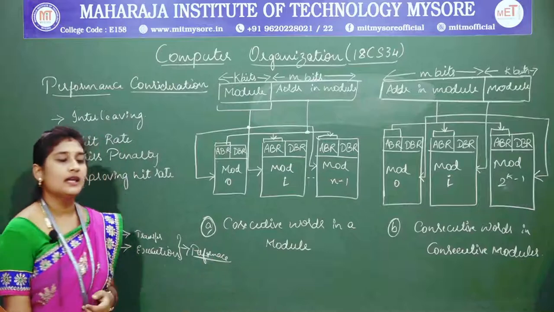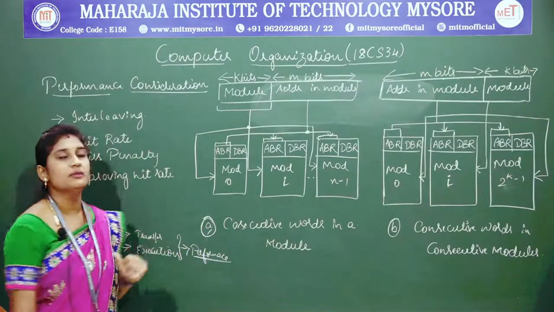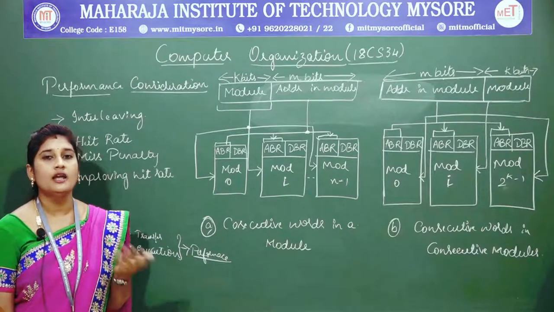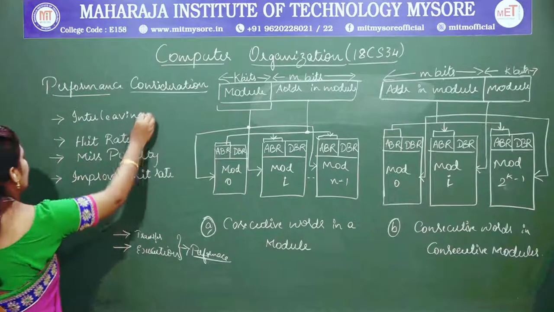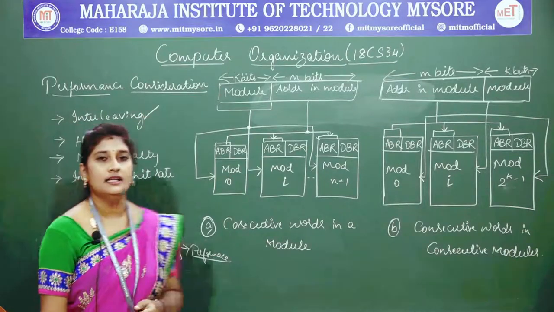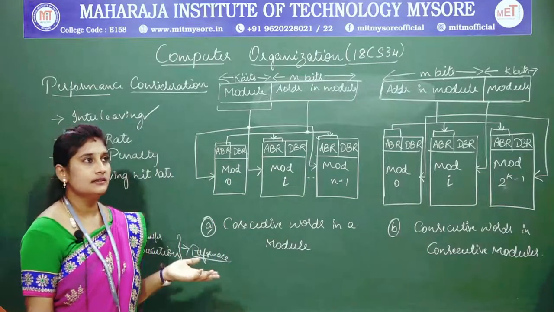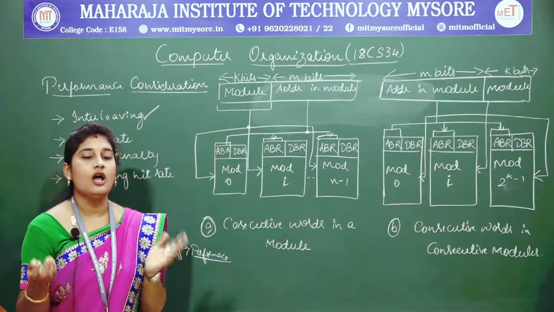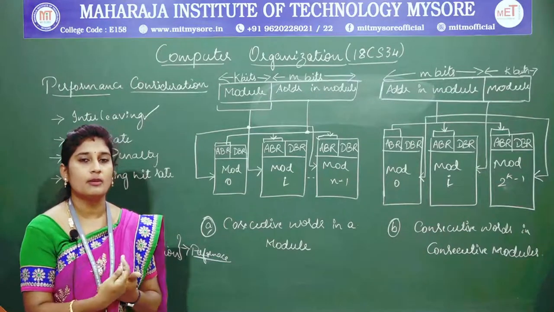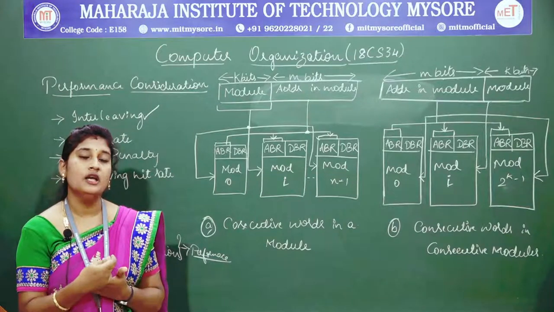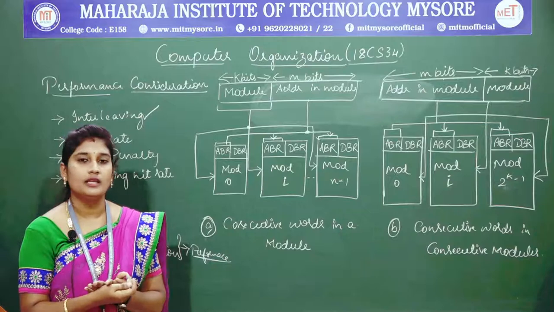Fine. So again you need to make the transfer of data between the processor and your main memory at a faster speed. That is why a new technique called interleaving has been designed. So what do you mean by interleaving? It is nothing but how quickly you can access the data either from the main memory or from the cache memory which is present between your processor and the main memory.